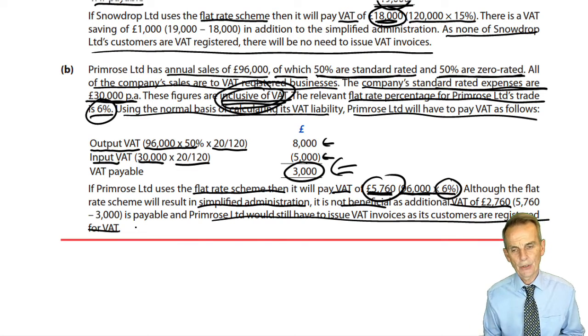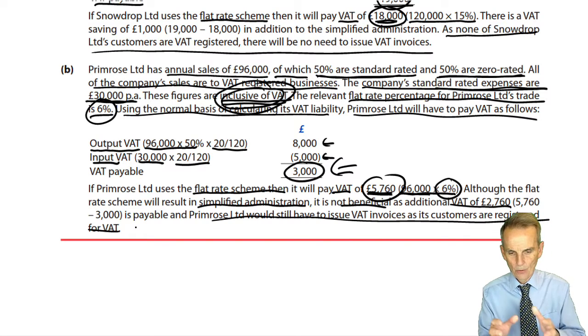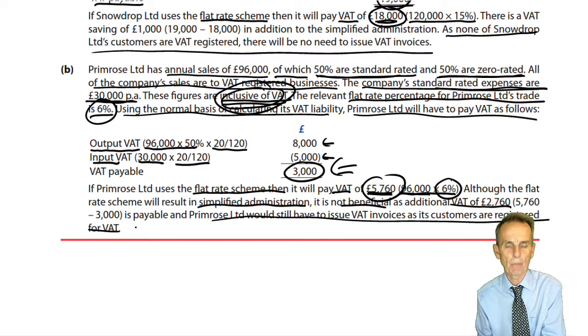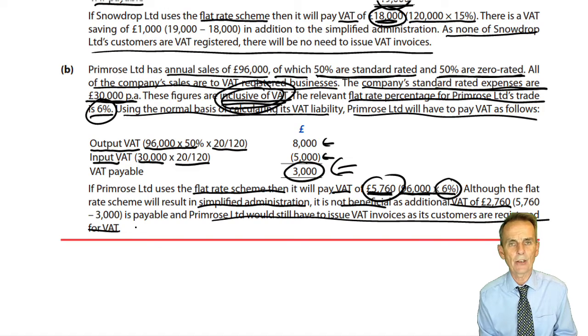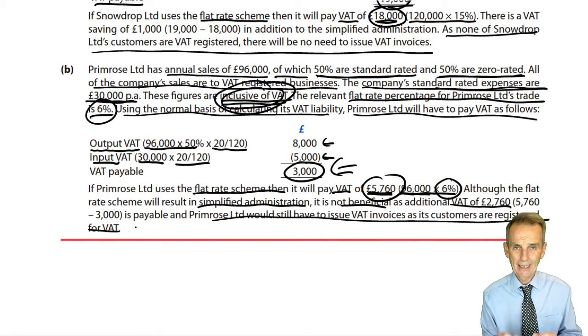Remember on the flat rate scheme that the given flat rate percentage is to be applied, therefore, to the total sales figure. And that means that where you have standard rated sales, that is the VAT inclusive figure. Not only do we include the VAT inclusive standard rated sales, we also include the zero rated sales, we also include any exempt supplies, any sales that we make that are exempt. It's total sales inclusive of VAT.